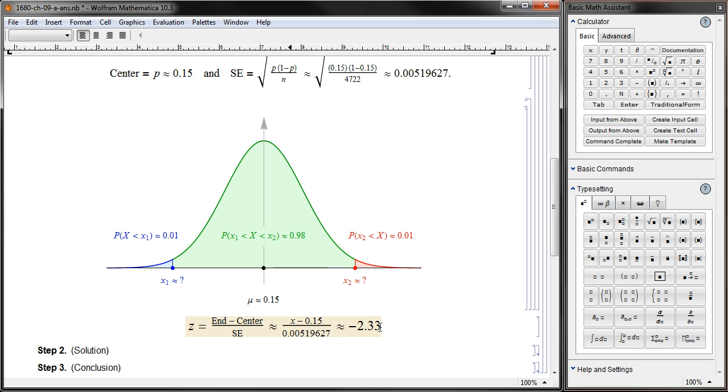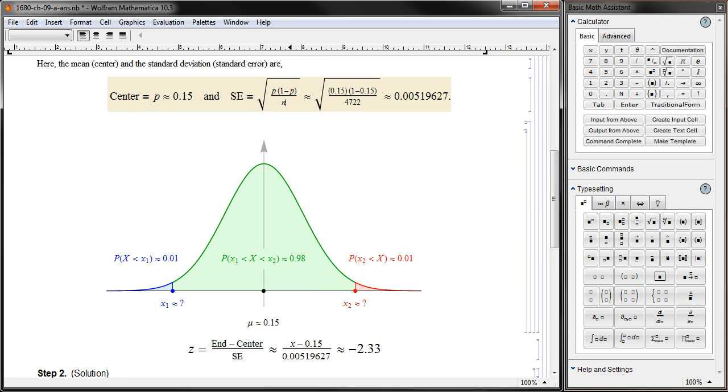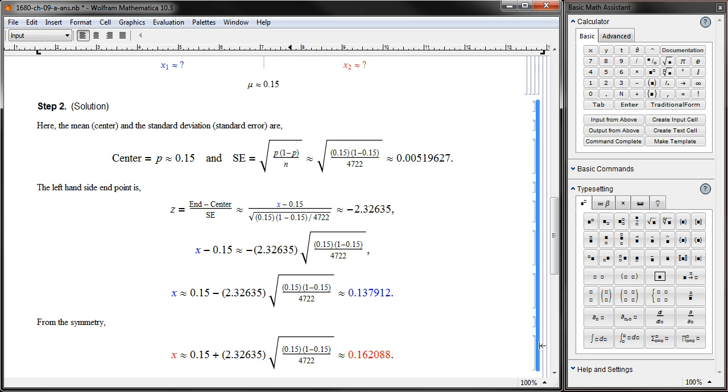Exactly the same thing as what we had been doing in the previous chapter, chapter 8, except that the denominator requires another formula right here. Square root of p, 1 minus p over n. Here is the full solution. That's the SE formula, and here's a little bit more accurate z-score using technology.